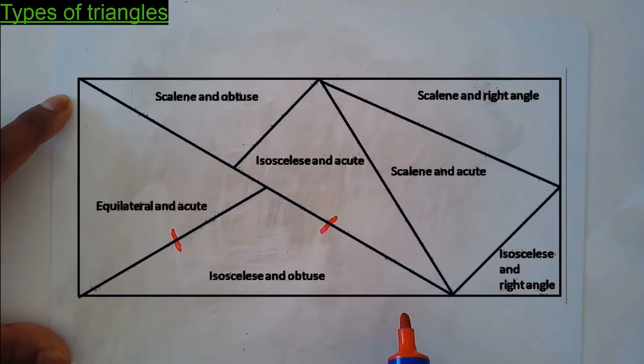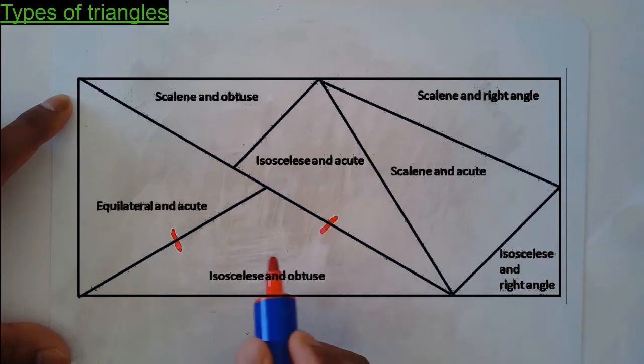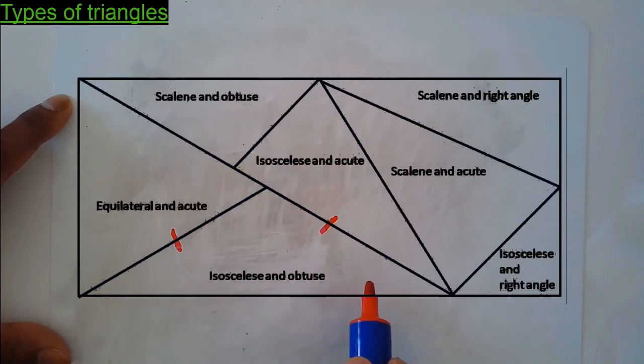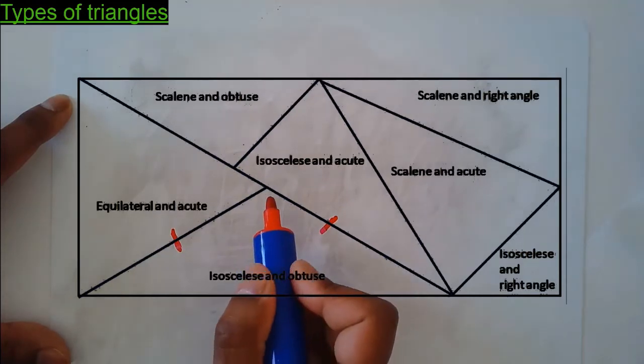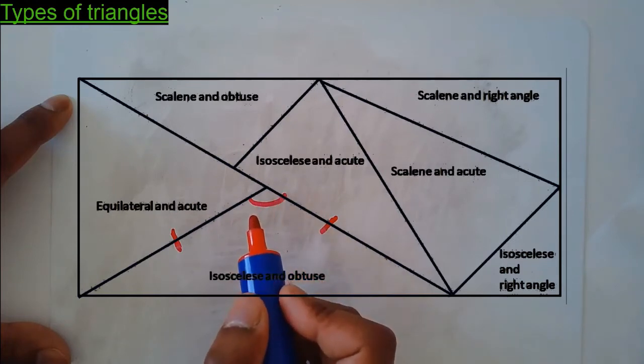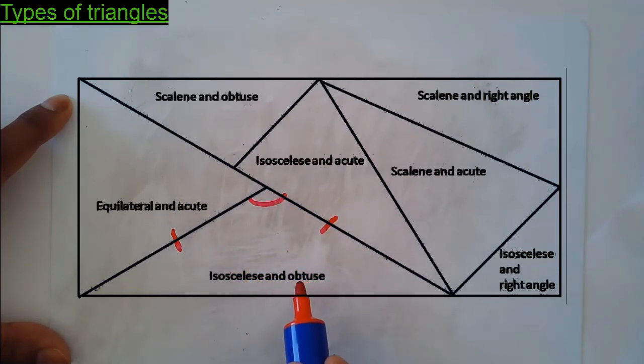That's why it's an isosceles triangle. And the reason why we call it an obtuse triangle is because one of these angles is more than 90 degrees. This is less than 90, this is less than 90, but that is more than 90. That's why we call it isosceles obtuse.